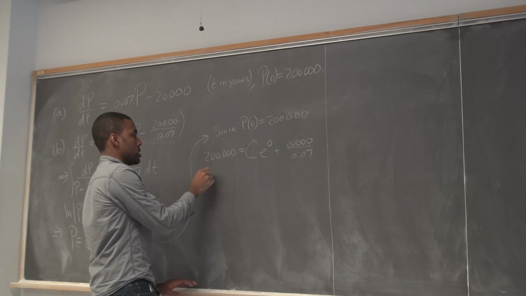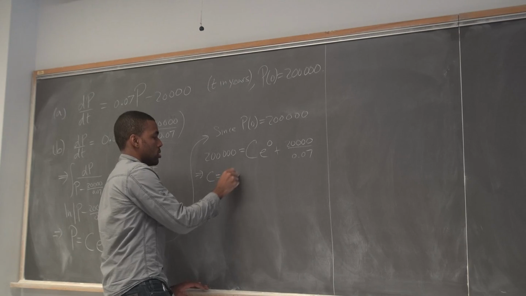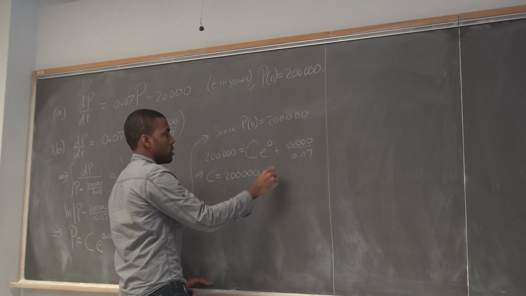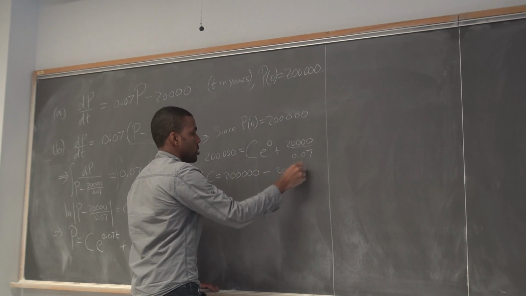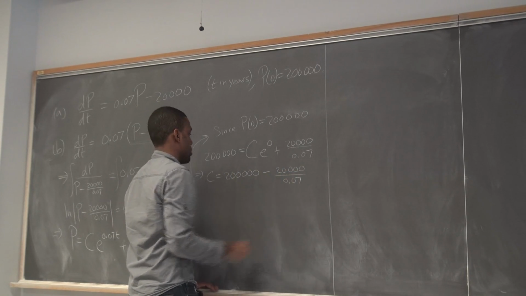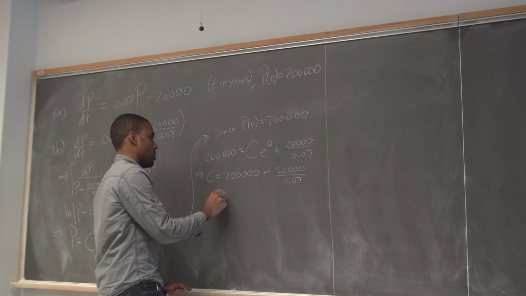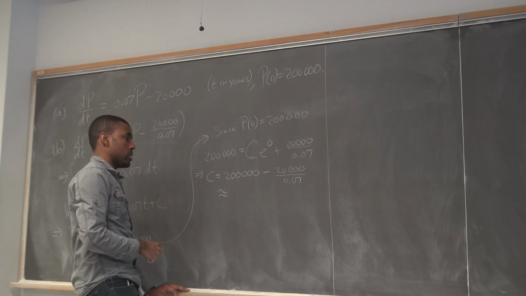And so I would get C is equal to, what's that approximately? 2 decimal places.